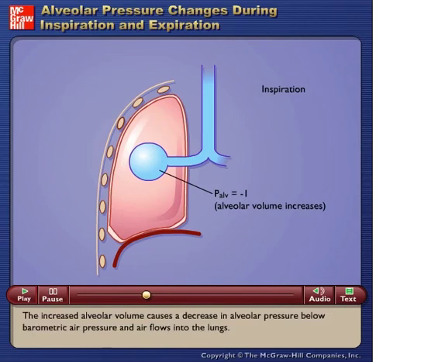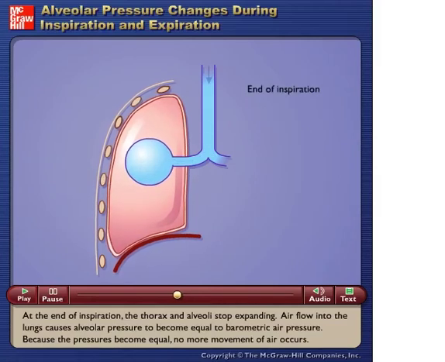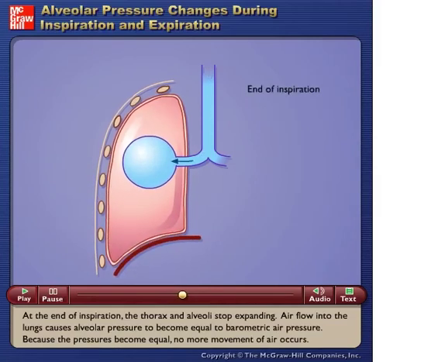The increased alveolar volume causes a decrease in alveolar pressure below barometric air pressure, and air flows into the lungs. At the end of inspiration, the thorax and alveoli stop expanding. Airflow into the lungs causes alveolar pressure to become equal to barometric air pressure. Because the pressures become equal, no more movement of air occurs.